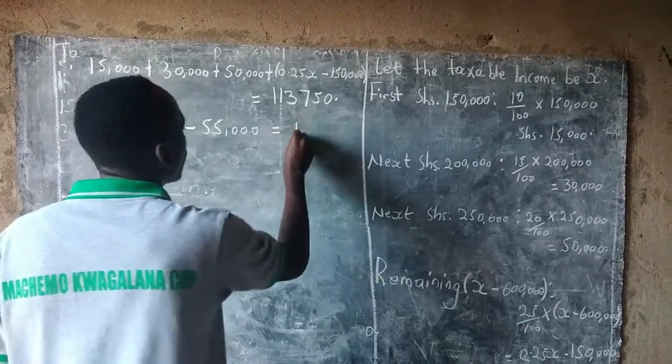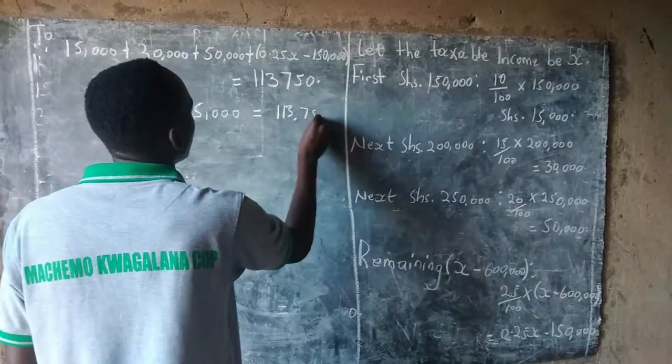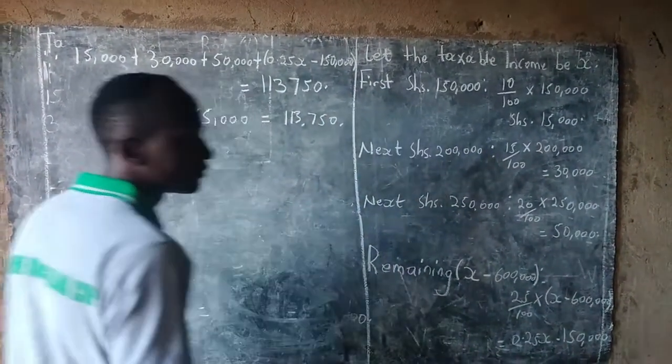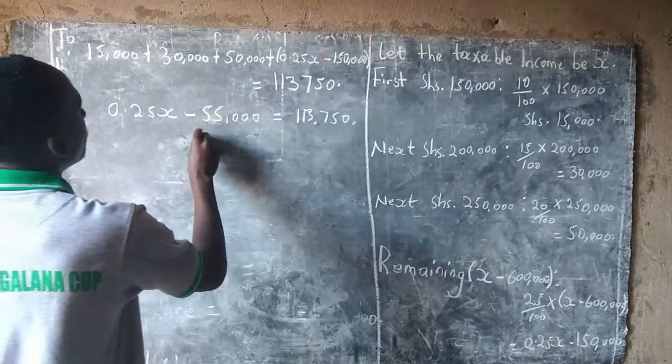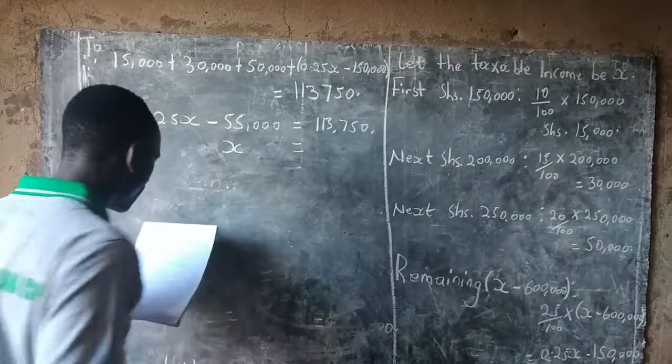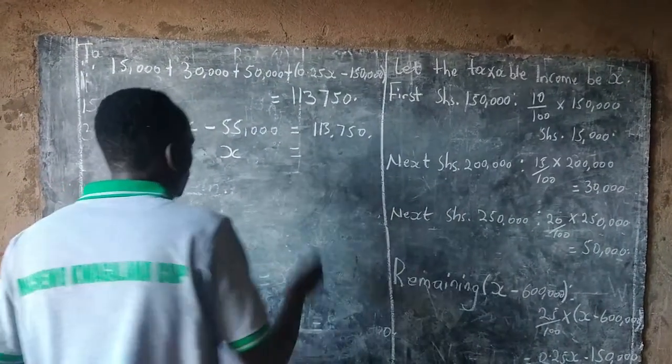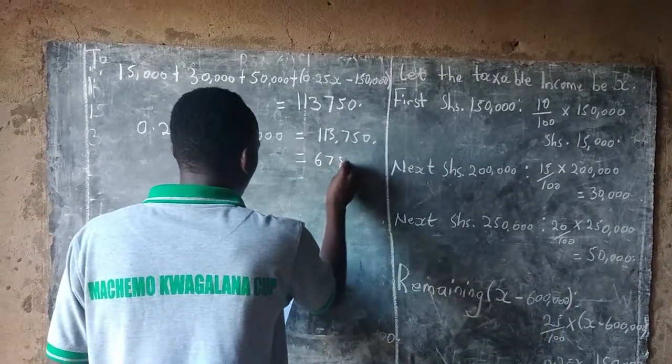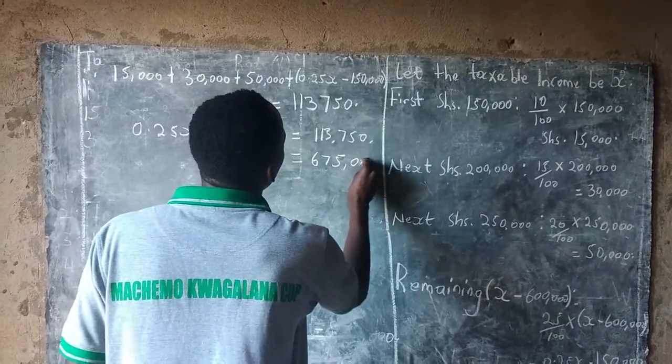I get 113,750. If I do this number, I'll get my x as 675,000.